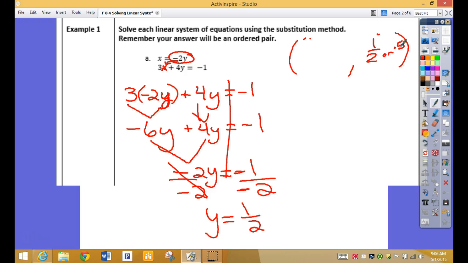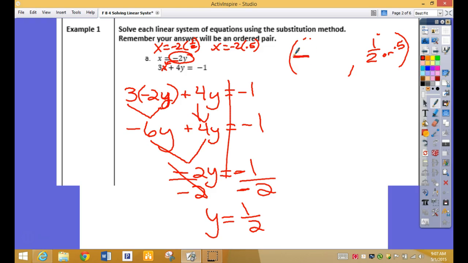Alright, so let's go up here. Would you rather go x equals a negative 2 times 1/2 or x equals a negative 2 times 0.5? You pick. Doesn't matter to me. A negative times a positive is a negative, so we have a negative x.